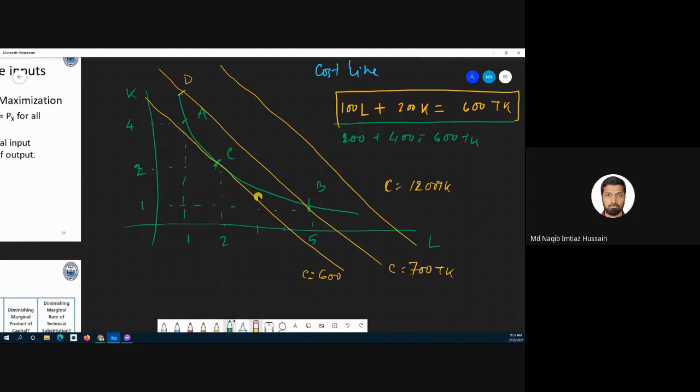If you're operating at point A, your cost is 1000 taka. If you're operating at point B, your cost is 700 taka. And if you operate at point C, your cost reduces to 600 taka. So which point do you want to operate at? C. Obviously at point C.